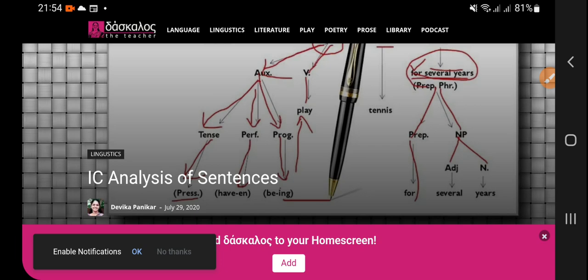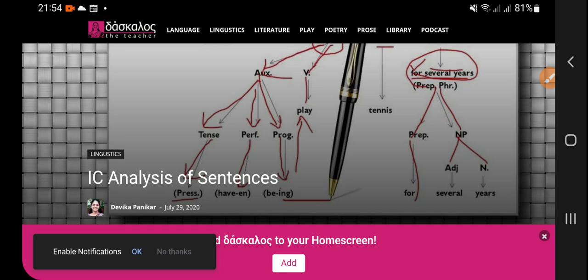Like the trunk is divided into thick branches, and then thick branches are divided into thinner and thinnest branches. Similarly, at last it's leaves. So leaves, you can say, are the different words, right?